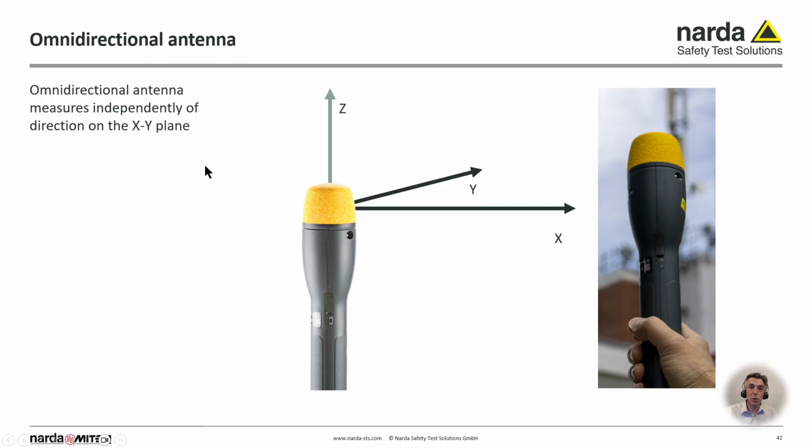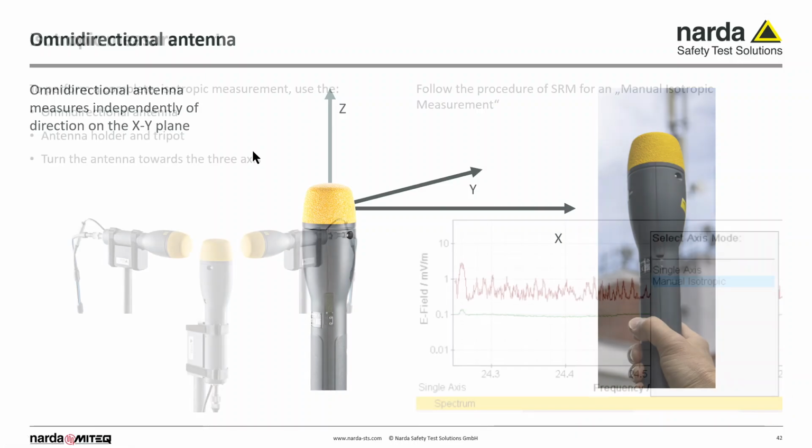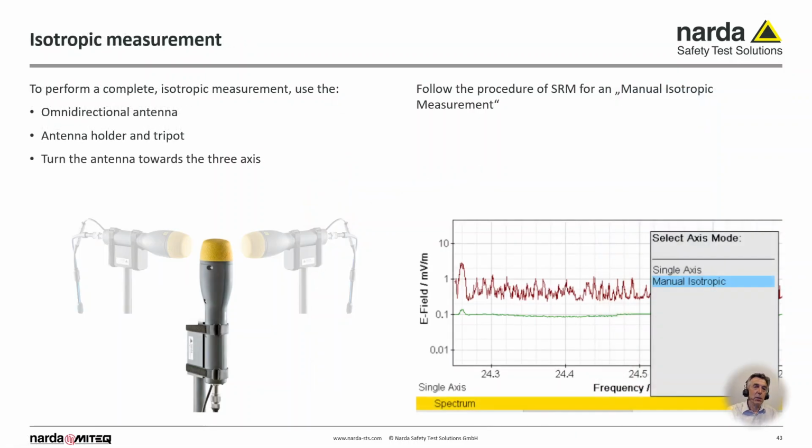So we measure with the omnidirectional antenna. When you point into the sky, we measure on X and Y axis, but not on the Z axis. So if you really want to make an isotropic measurement, it is possible. You need, for example, one of those antenna holders, and maybe other non-isotropic antennas from the NADA portfolio.